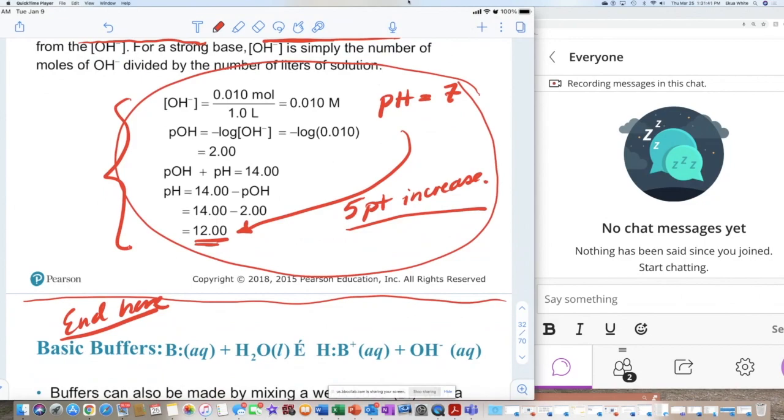Okay, but yeah, so this is what they're saying, that yeah, recognize the buffer works. The buffer did help the solution remain very close to what it was before. Without the buffer, you would have had about a 5 point increase in the pH, and then you would be complaining. And for people who do research in biology and have to maintain a human pH, a blood pH or something, they will use a buffer.